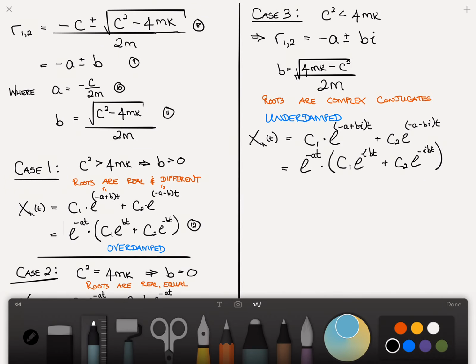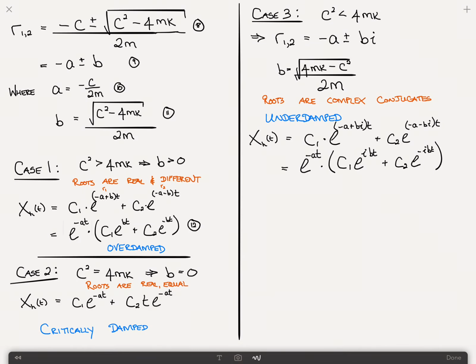Now, if we invoke Euler's law, which is a very well-known law mathematically, said by many to be the most beautiful law in all of mathematics. I won't elaborate at this point, but that says that e to the i theta, or e to the plus or minus i theta, is equal to cosine of theta plus or minus i sine of theta.